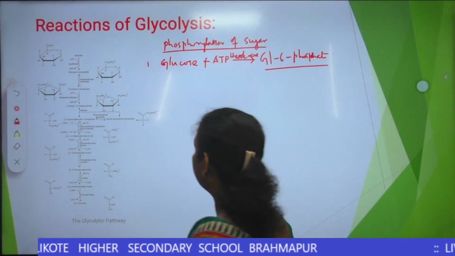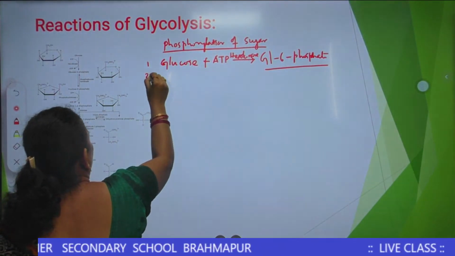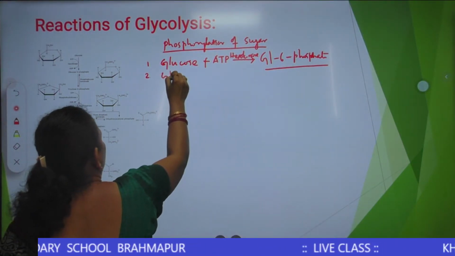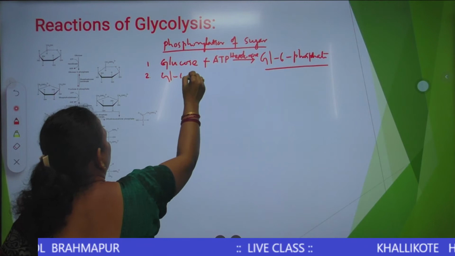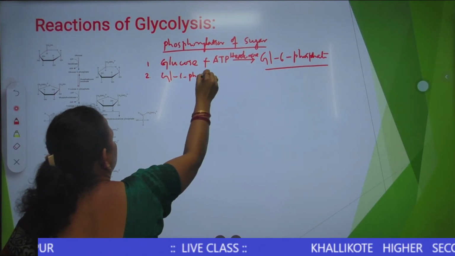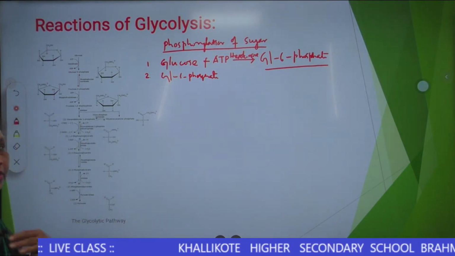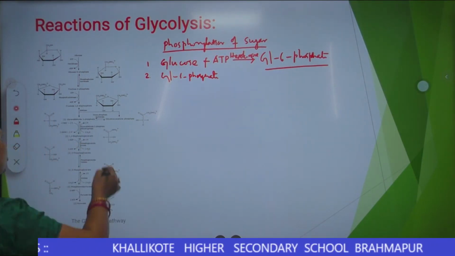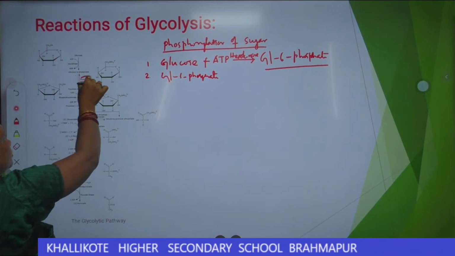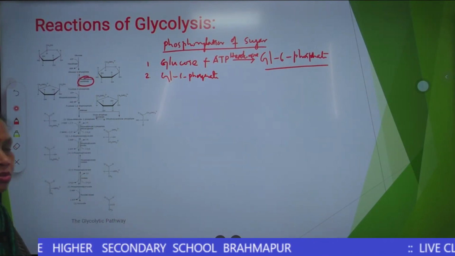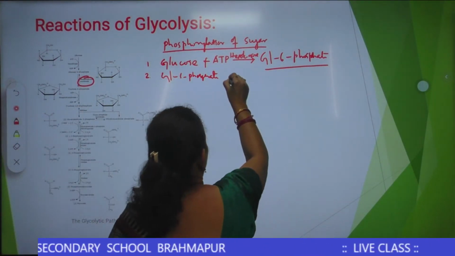The second step is that glucose 6 phosphate will get converted into its isomer, which is fructose 6 phosphate.